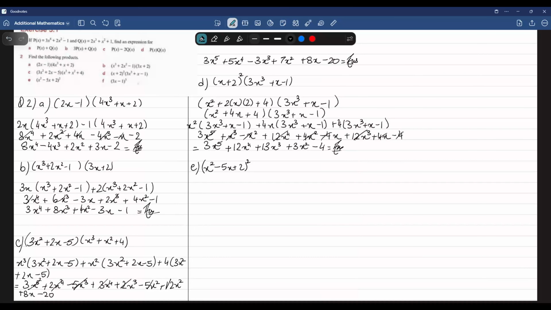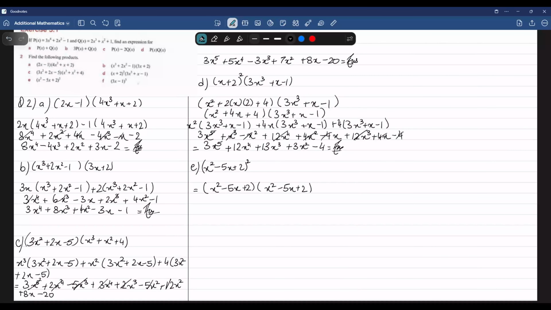So what would we do? We know already that square means double of something. Meaning, if I would say 2 squared, it's practically equal to 2 multiplied by 2. If I'm saying 3 cube, it's going to be 3 multiplied by 3 multiplied by 3. So the power tells how many times your number is basically multiplying by each other. So x squared minus 5x plus 2 is going to multiply by x squared minus 5x plus 2.